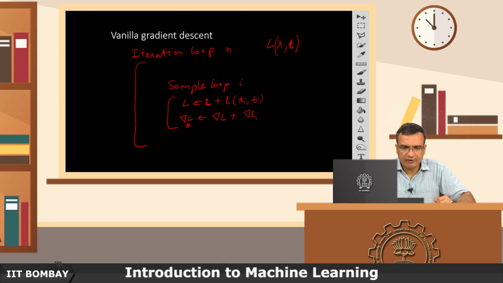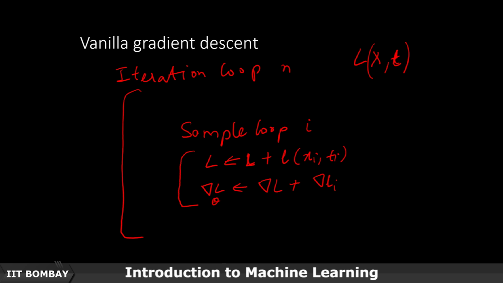Once we have computed the entire gradient, then we will update that theta. It's going to be theta previous minus eta times this gradient of L with respect to theta. What is eta? Eta is the step size or the learning rate. So here there are a couple of things to note, before we can update, this is where the update is happening.